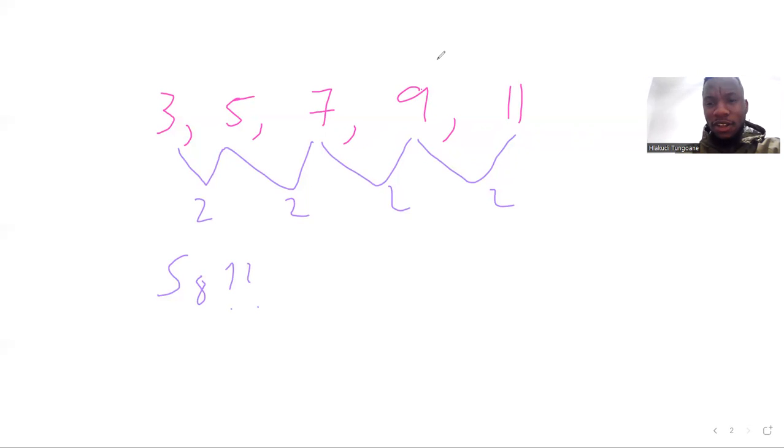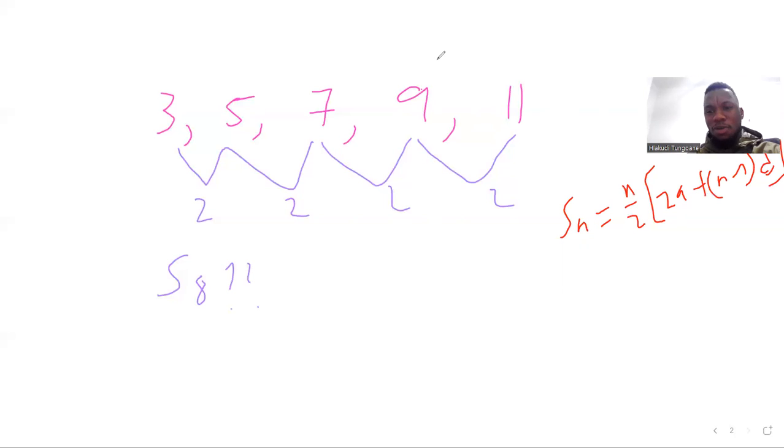The formula that we need to apply is n over 2 times (2a plus (n minus 1)d). That's the formula we need to apply. But let's just refresh our minds. For us to apply this formula, we need to know the value for a. Remember, we said what's the a?